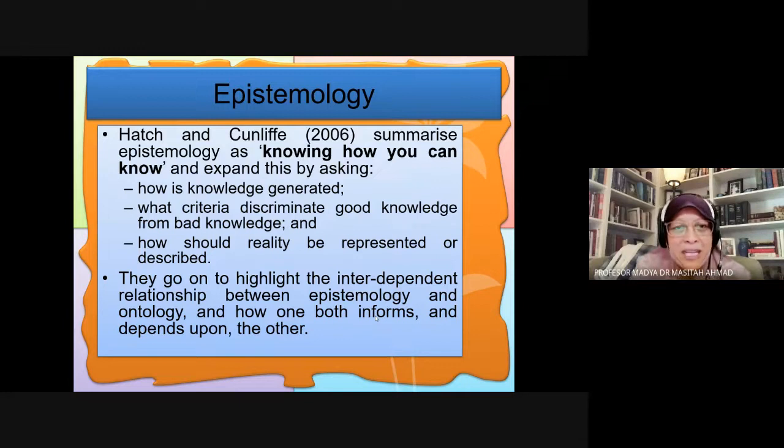So how knowledge is generated is also part of epistemology, a question that normally needs to be asked. And on top of that, what are the criteria that discriminate good knowledge from bad knowledge?